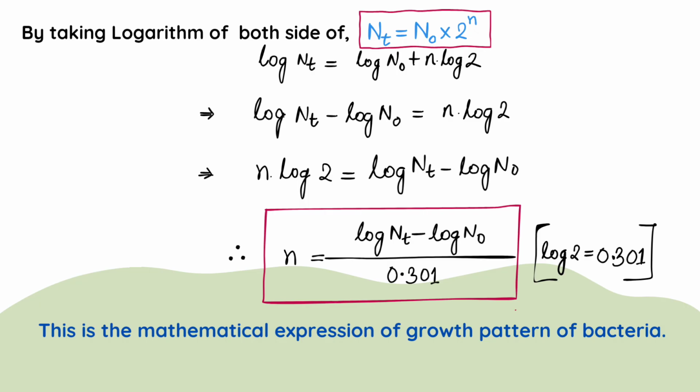Taking the logarithm of both sides of the equation Nt equals N0 times 2 to the power n, we get log Nt equals log N0 plus n log 2, or n log 2 equals log Nt minus log N0, or n equals (log Nt minus log N0) divided by log 2. Here the value of log 2 is 0.301, so n equals (log Nt minus log N0) divided by 0.301. This is the mathematical expression of the growth curve.